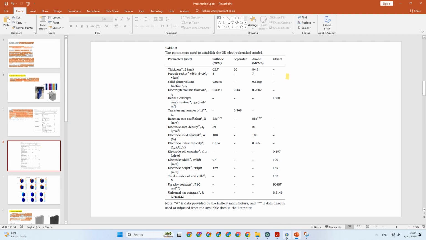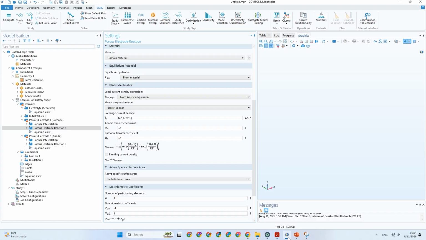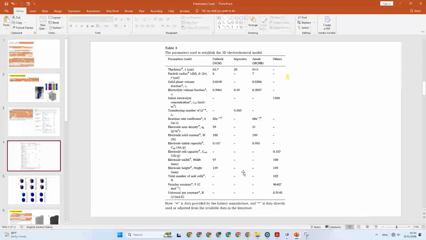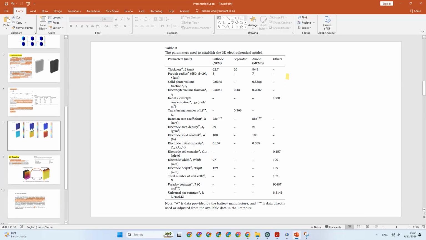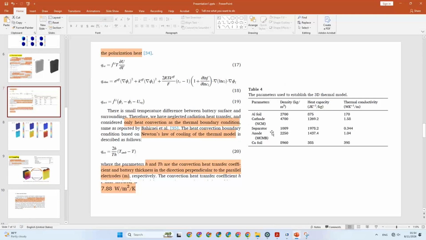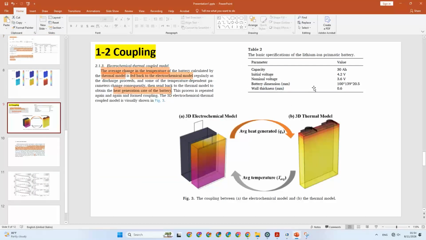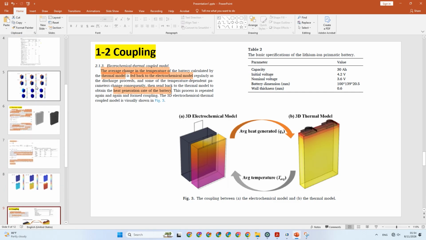What was that? Equilibrium potential. Nothing here. Nothing here. And initial voltage, maybe this is, I don't know. I really don't know.